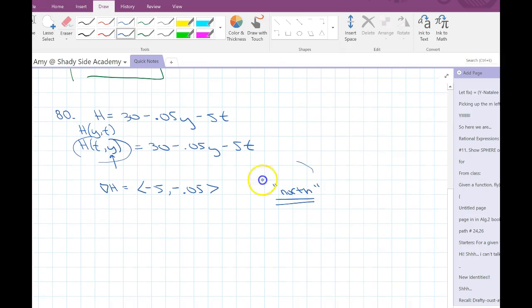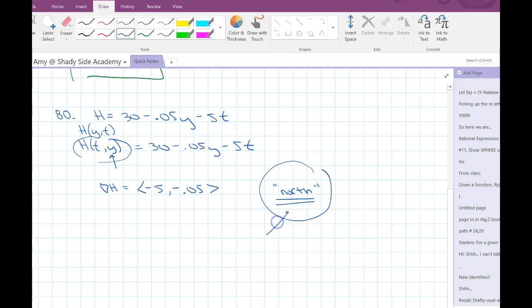If the moose is going north, I then want to find the rate of change of temperature, which is H, by the way, right? If the moose is charging north, and ultimately the question is going to ask me about the moose's perception of the temperature change, I want to find a directional derivative, but in what direction do I want to find the rate of change of temperature?